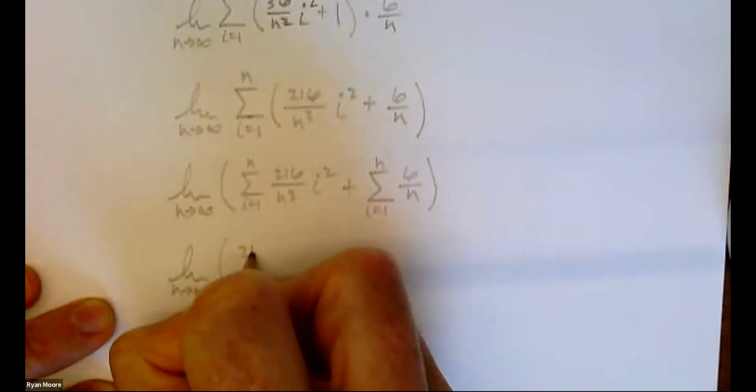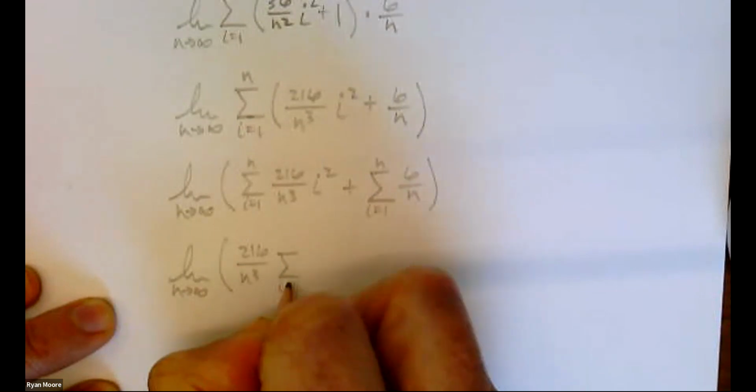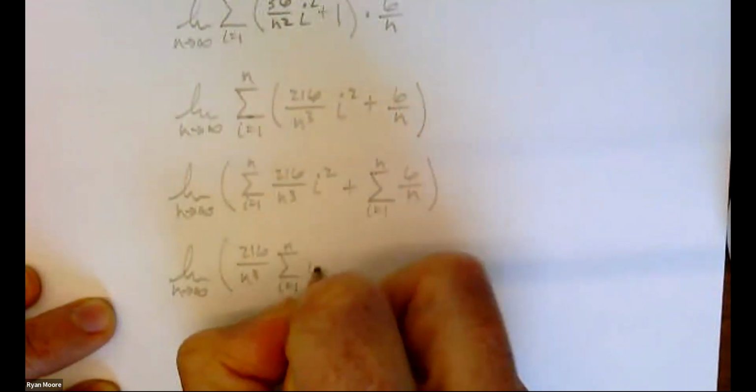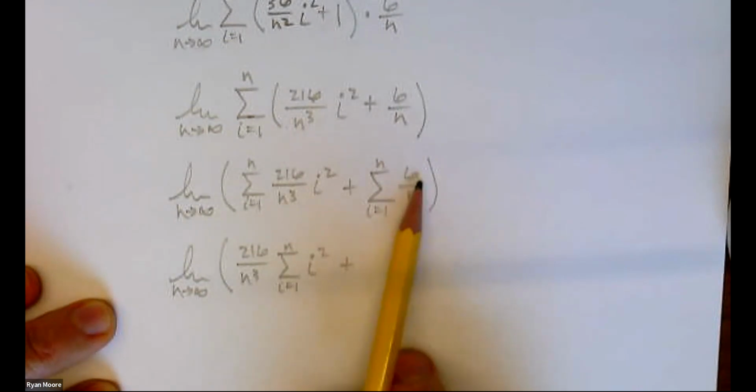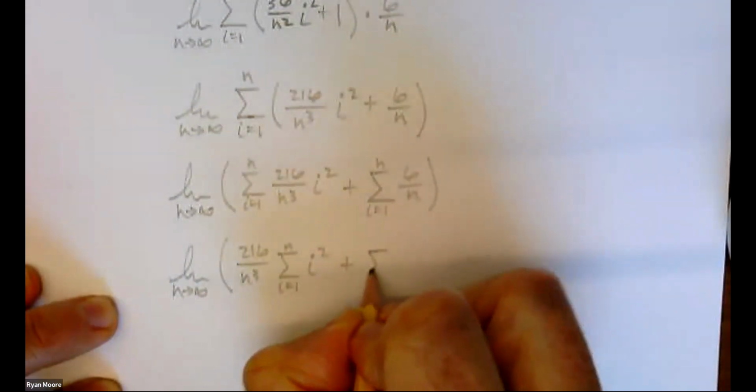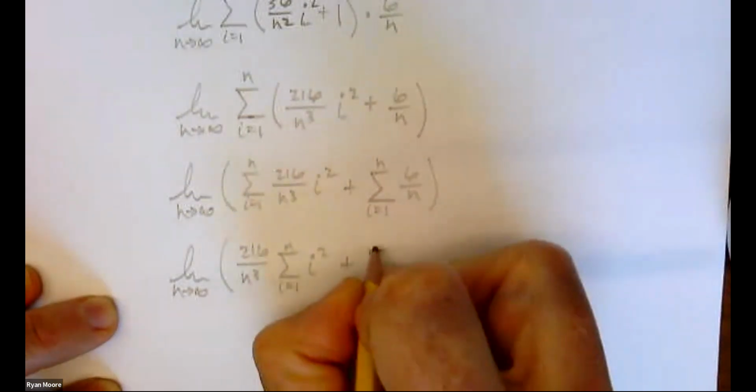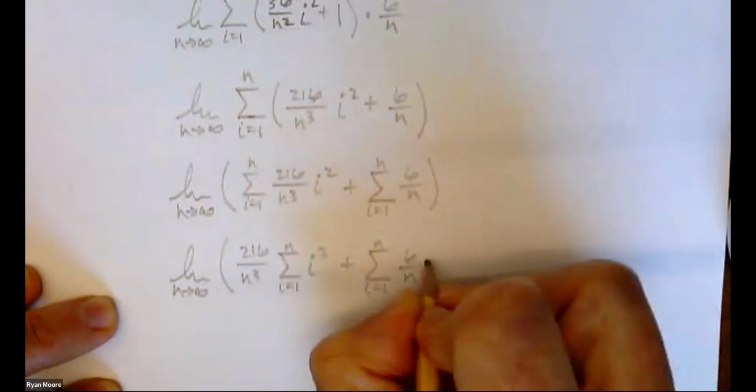It'll work here. 216 over n cubed, that gets multiplied by our summation of i squared. Now, technically, we could do the same thing here with 6 over n, but I'm not. I'm going to leave that because I'm going to think of that one as being the summation of a constant. Okay. So far, so good.